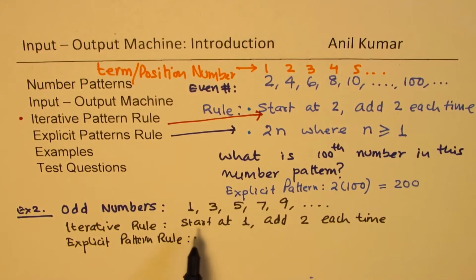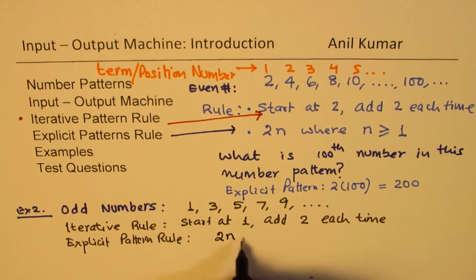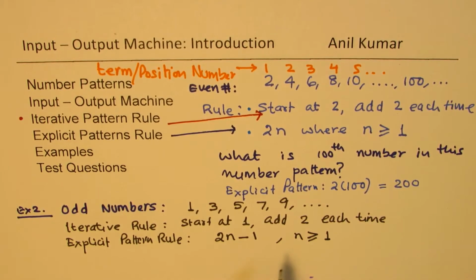Well, in term number 1 we have 1 and then it increases by 2 each time, right? So 2 times n. And then how do I get 1 if I had to write this as 2 times n? Well, take away 1. So I could write this as 2 times n minus 1, where n is greater than or equal to 1. Do you see that? So if I write n equals 1, just see how it works.